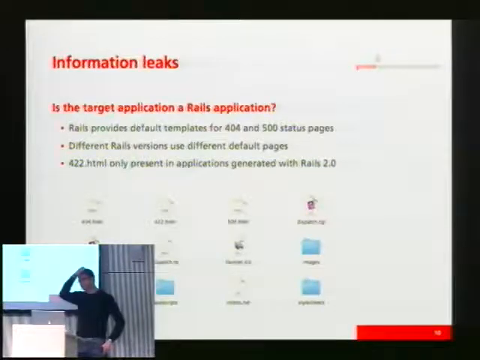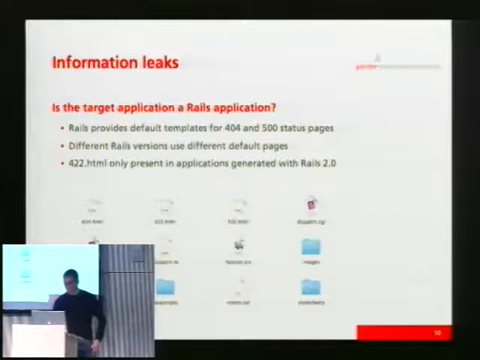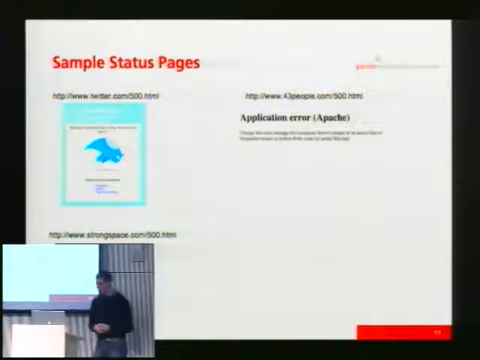For example, in Rails 2, they introduced a 422.html page for the access denied error. If you ever wondered if Twitter is really a Rails application, just get twitter.com/500.html, and you get the error page that Twitter will show you if you ever really create an internal server error. Or if Strongspace is a Rails application, just go to strongspace.com/500.html, and you get the error page. 43 People shows a different page.